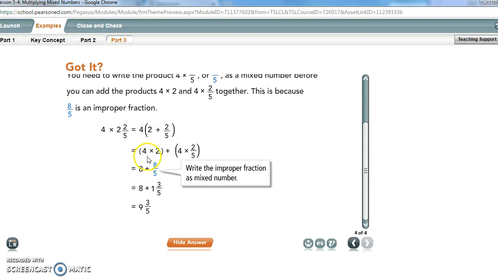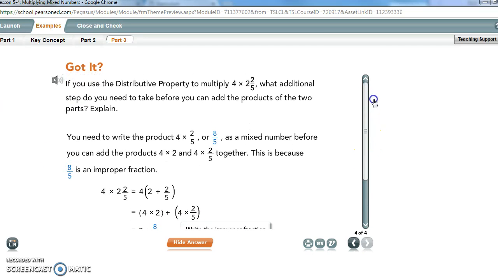So with our handshake, 4 times 2 is 8, plus 4 times 2/5 will give you 8/5, which becomes 8 plus 1 3/5, or 9 3/5. Go ahead and copy that down. When you're done, you can go ahead and do missing work.